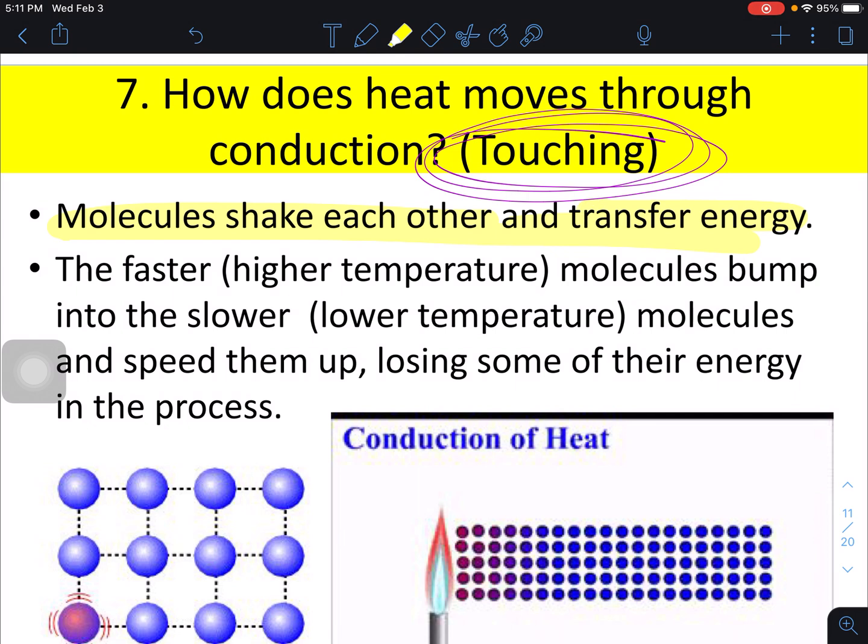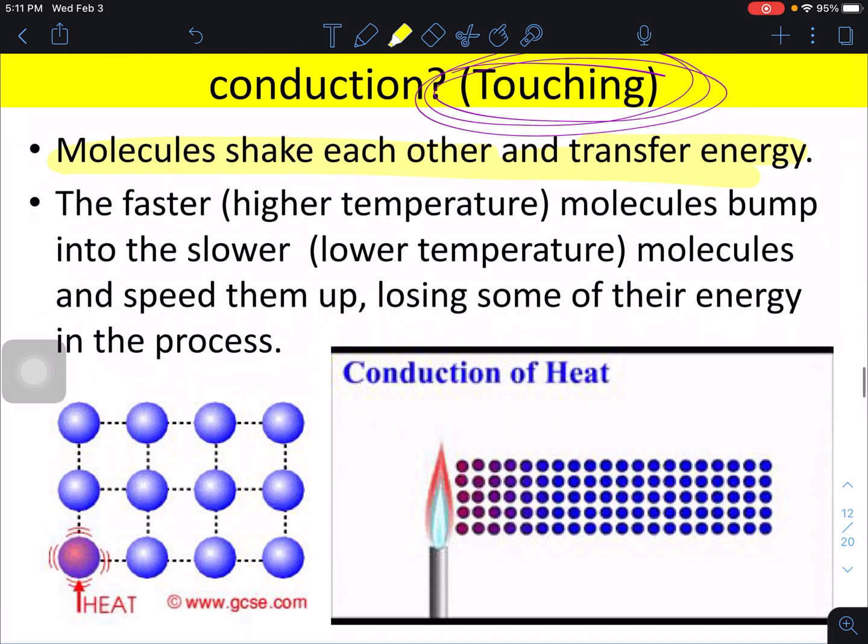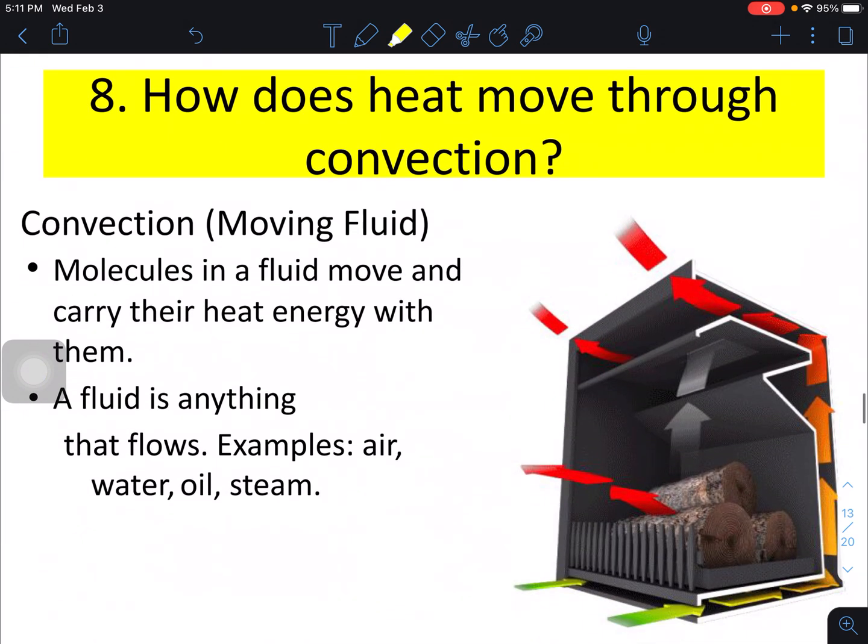So faster moving molecules are touching slower moving molecules, they transfer their energy, and the temperature rises. That's heat of conduction. Heat of convection is heat moving through a fluid. It's called fluid movement. Hot air rises; water, as it heats, molecules begin to move faster, and they flow. So it's molecules in a fluid moving and carrying their energy with them. That's convection.